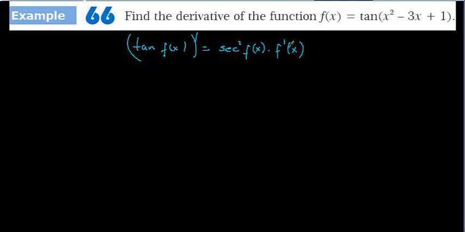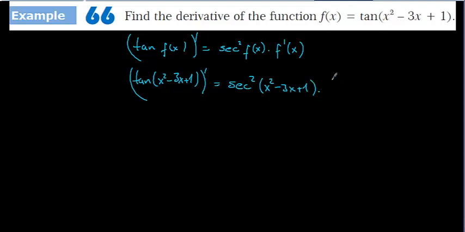Then the derivative of tangent (x squared minus 3x plus 1) is going to be equal to secant square (x squared minus 3x plus 1) times the derivative of (x squared minus 3x plus 1), that's equal to secant square (x squared minus 3x plus 1) times (2x minus 3).